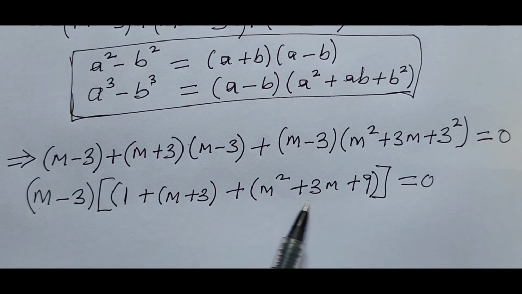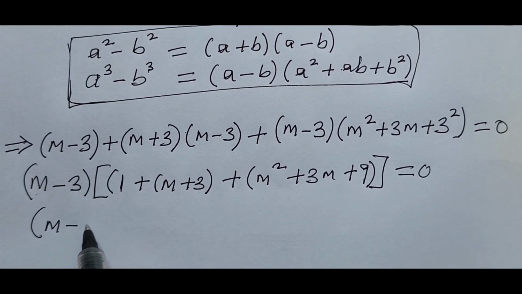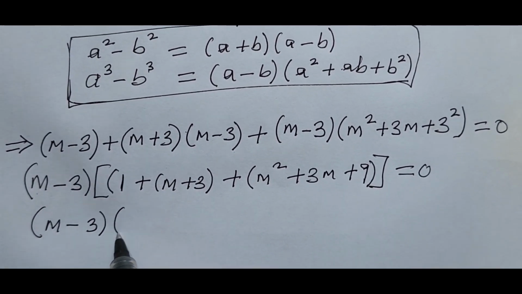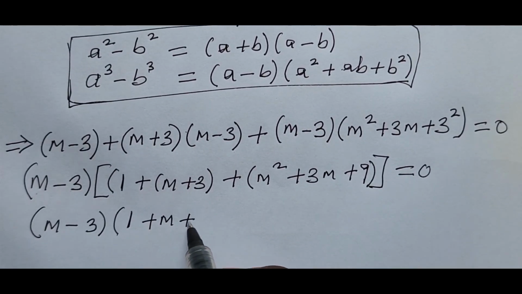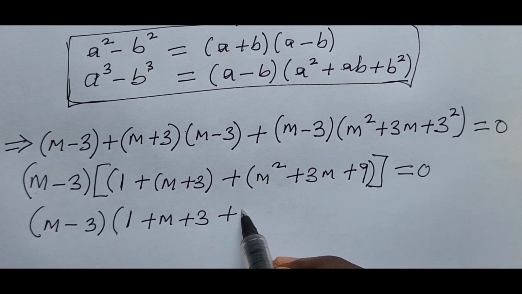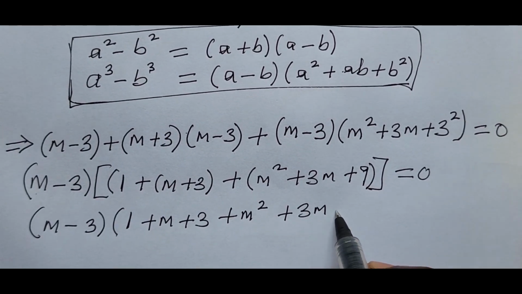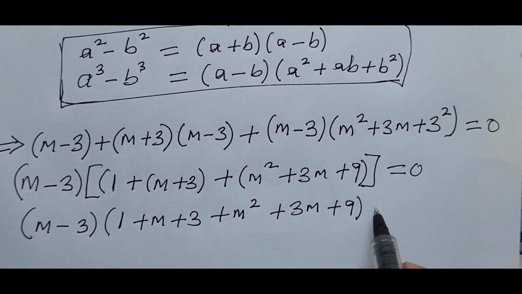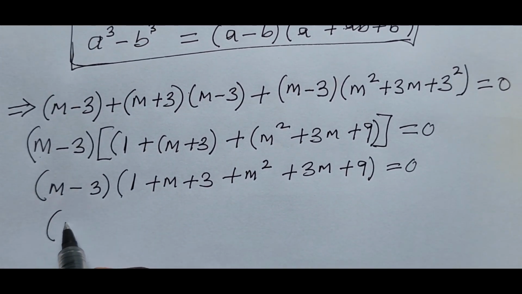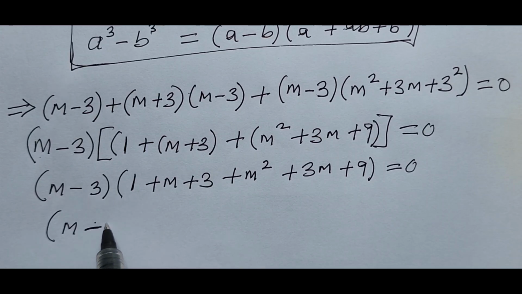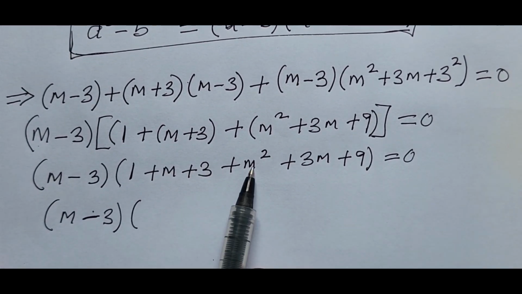Okay, so we can open the terms in here. This gives us (m - 3)[1 + m + 3 + m^2 + 3m + 9] equal to 0. If we add up, it gives us (m - 3)(m^2 + ...). We have m squared here.